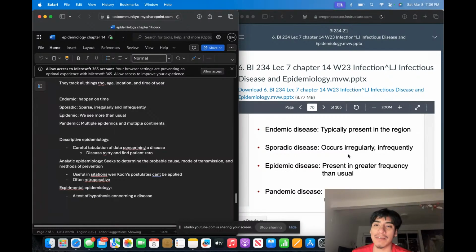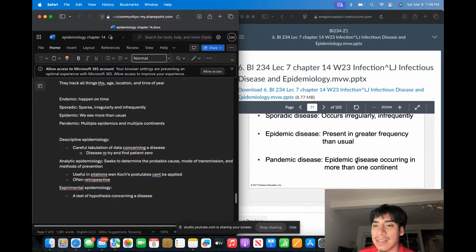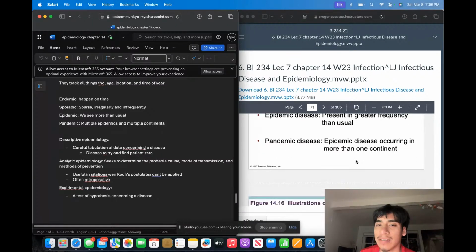Sporadic occurs irregularly and infrequently. That one's easy to remember because of the word. Epidemic we should be familiar with. It's like if the common cold got out of hand and everyone got it, present in greater frequency than usual. And pandemic is multiple epidemics on multiple continents, a disease occurring on more than one continent.